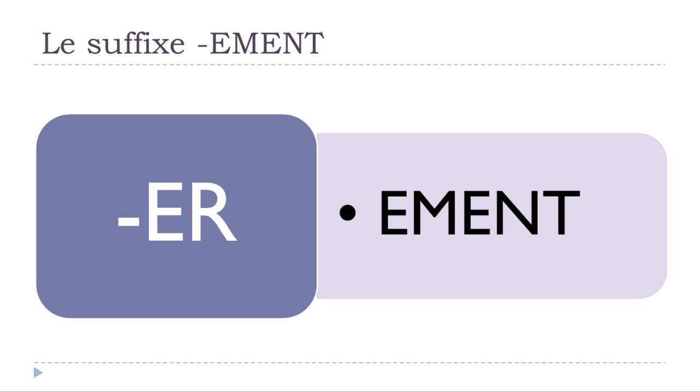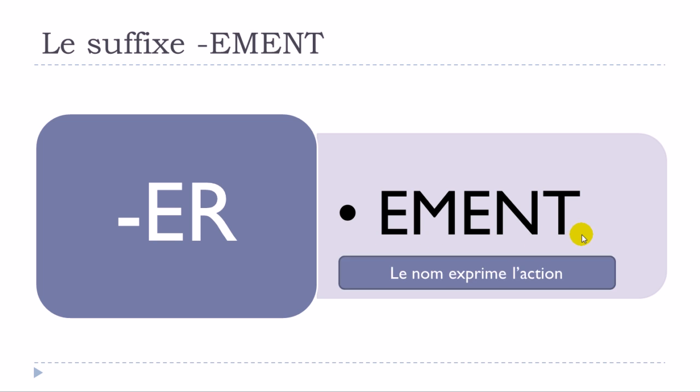You need to take away this er ending and replace it with the suffix E-M-E-N-T to get the noun. And you've got to keep in mind that the noun must express the action, because you can have many nouns, or substantives as we say, that express different things, but when you're going from the verb to this substantive, it must express the action.